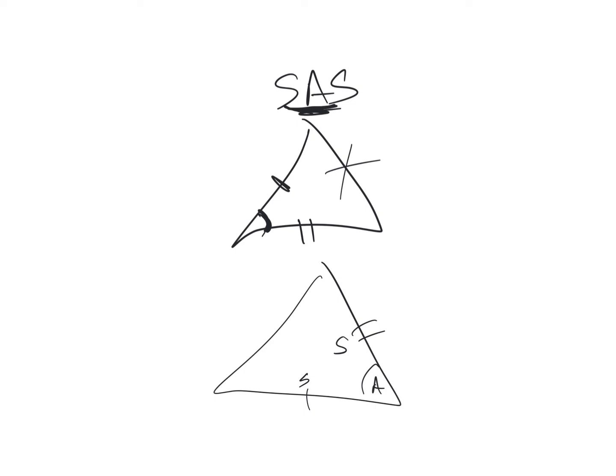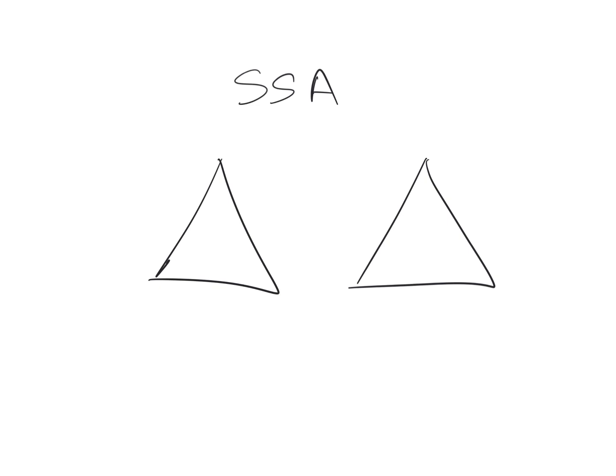Now, let me address the side, side, angle problem. The two triangles may be congruent to each other, but you can't prove it with side, side, angle. Now, I should pick this angle and do side, angle, side, but I don't have it. I have this angle, or maybe I have that angle.